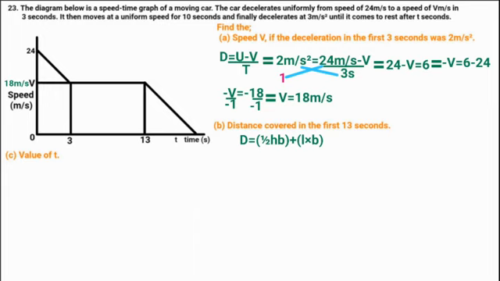When we focus on the triangle, we know that the base is equal to 3, but for the height we have 24 and 18, so we find the difference of 24 and 18.